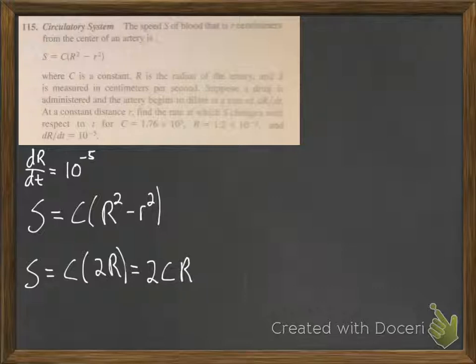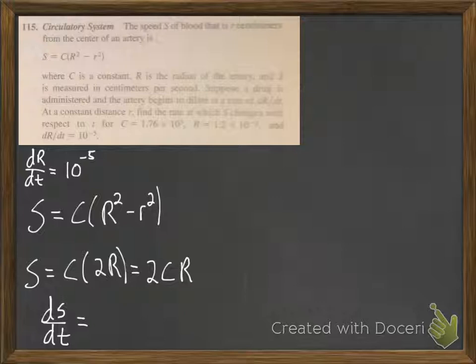Now we want to find how the speed changes with respect to time. So we know that S is related to R, so we want to find dS/dt.